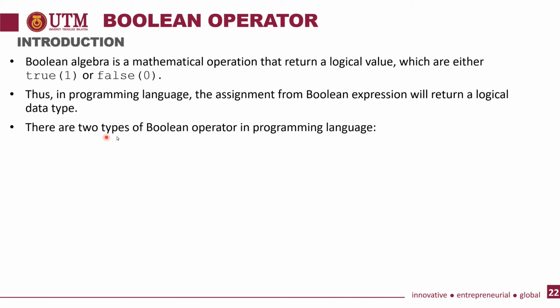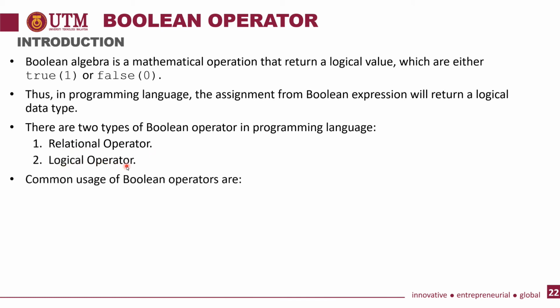There are two types of Boolean operator in programming languages. The first one is the relational operator, and the second one is the logical operator. Later on we will take a look at the relational and logical operators. The common usages of Boolean operators: the first is to identify a particular element from an array.